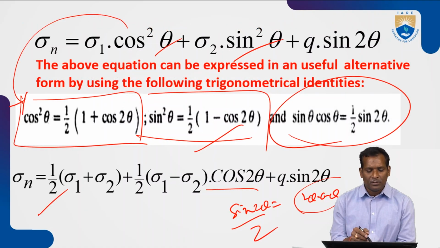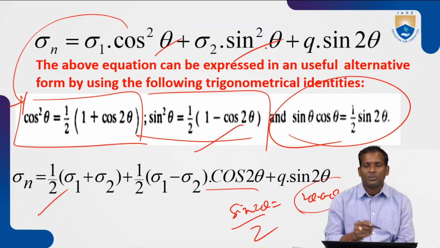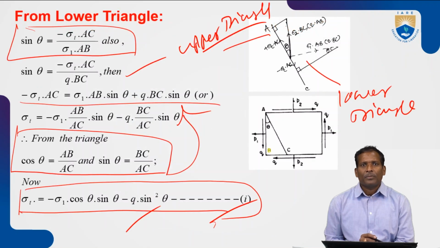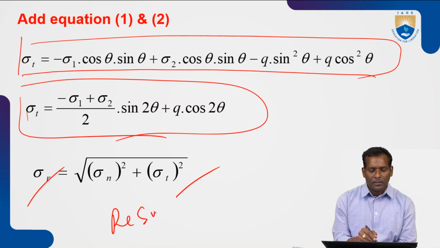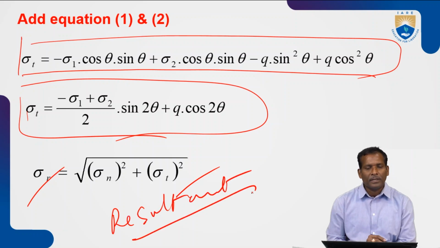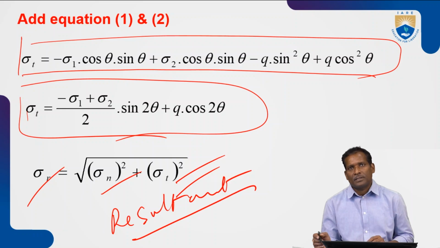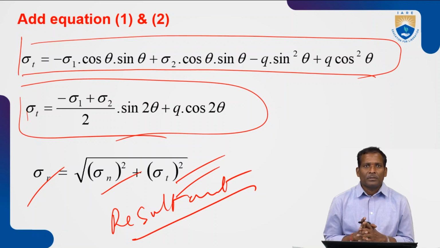This normal stress, sigma 1 cos square theta plus sigma 2 sin square theta plus q sin 2 theta, substitute in this resultant equation. So from the normal stress and the tangential stress, you will get the resultant stress. Like this, we need to calculate the normal, principal stresses, the maximum and minimum stresses on an inclined plane.